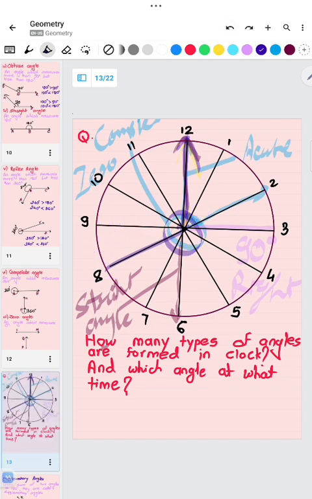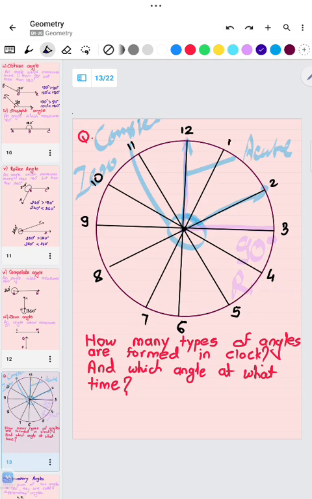Okay, there is one question. It is related to clock. How many types of angle are formed in a clock and which angle at what time? Okay, that means how many types of angles are formed in our clock.